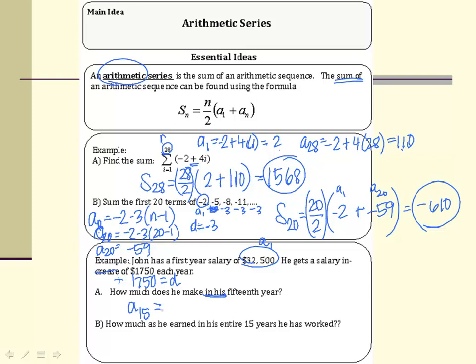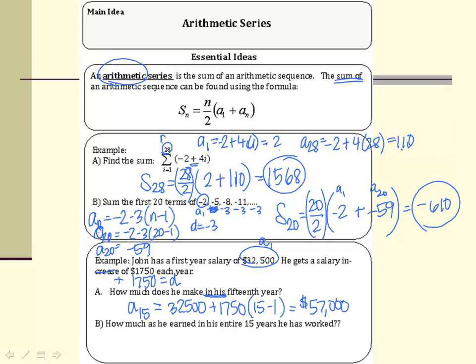Well, if I do that, I started with $32,500 and I'm adding $1,750 for the next 14 years is basically what it's saying. What I find is that in his 15th year, he made $57,000.